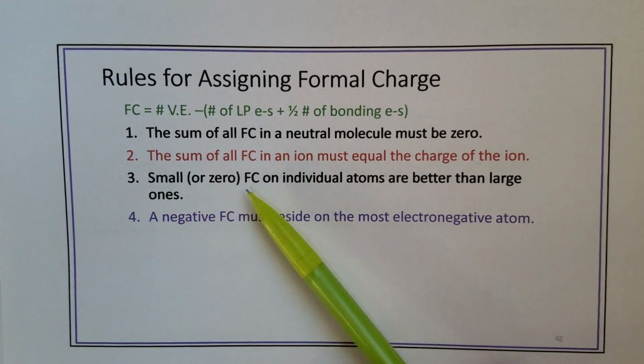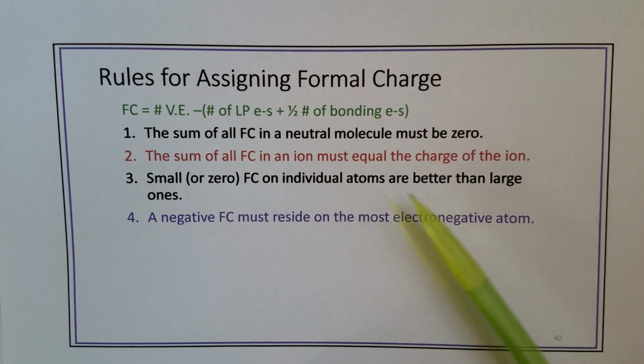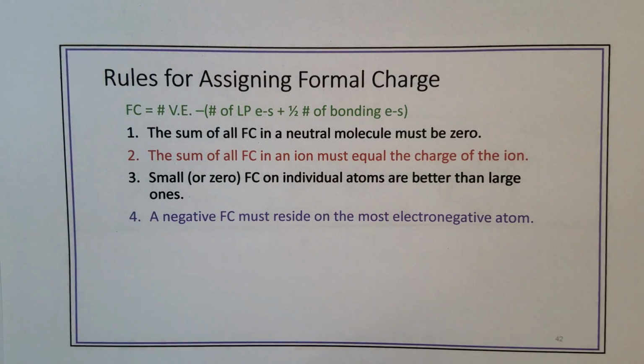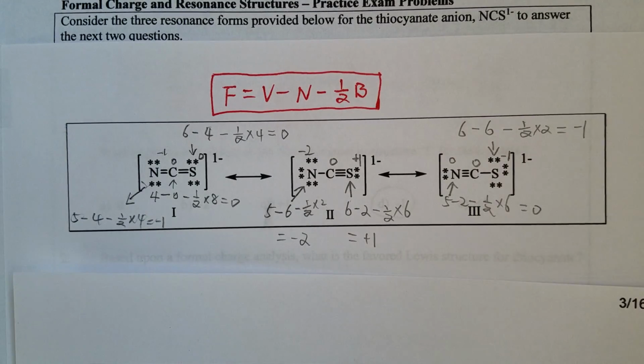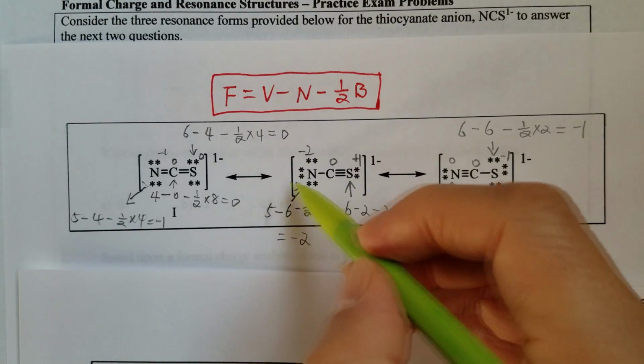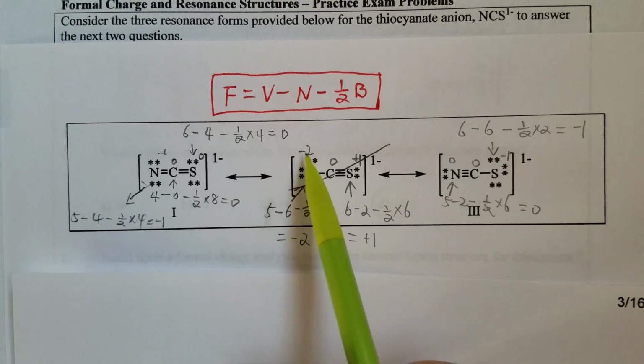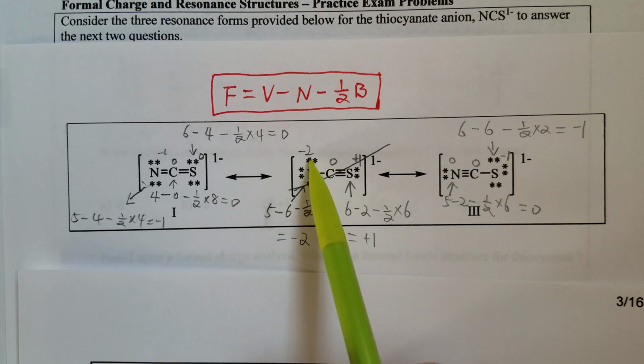Now, smaller formal charges on individual atoms are better than larger ones. Based on that rule, structure 2 is out. It's not a favorite one because it has a -2 charge.